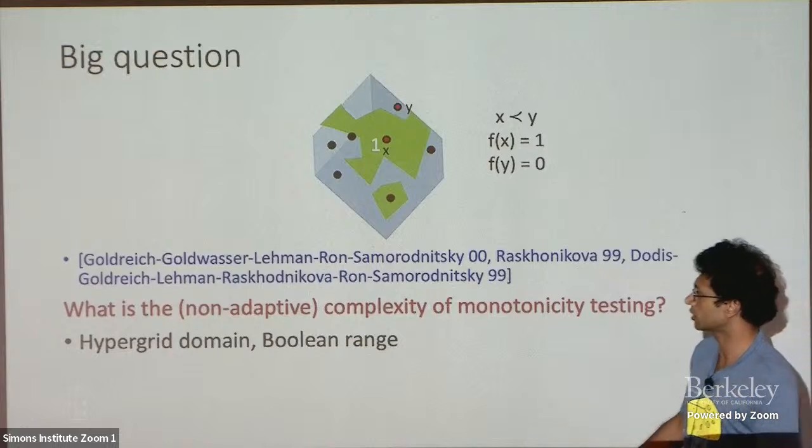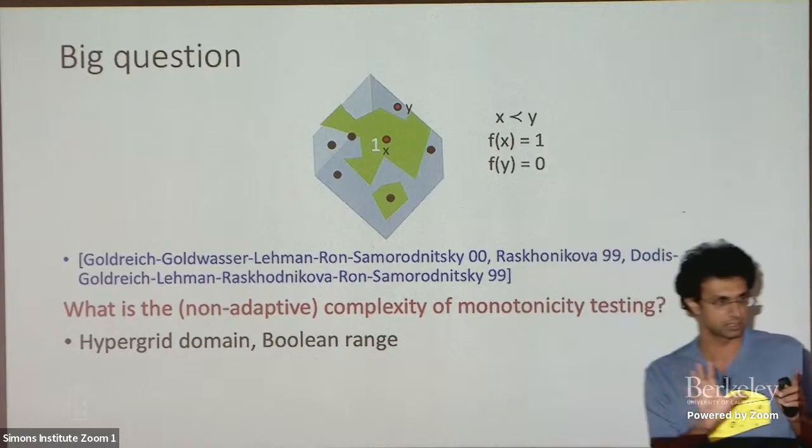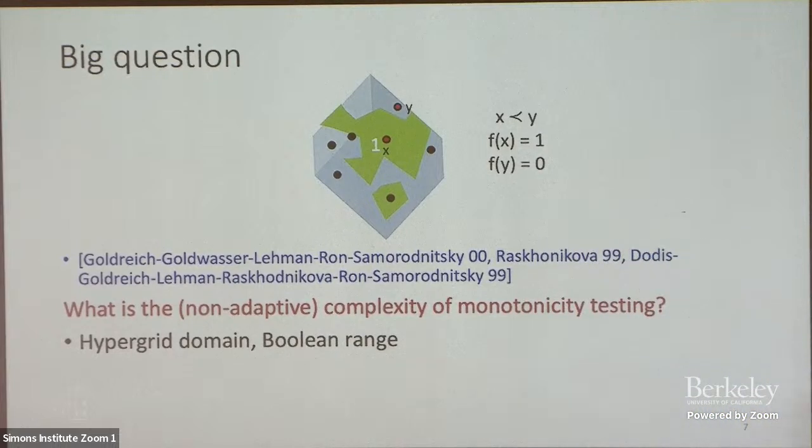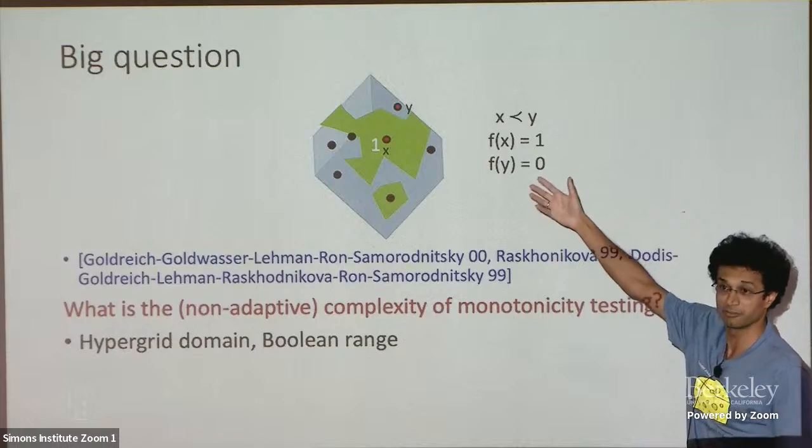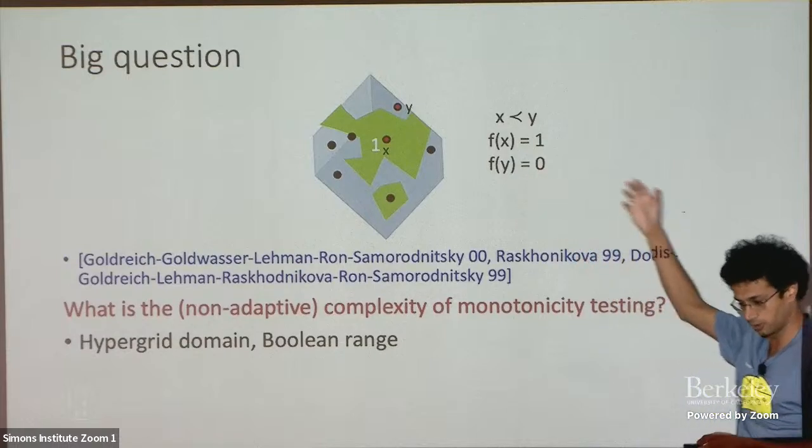So you're given this function, hypergrid domain, Boolean range. Let's just fix that. And how many queries are needed to non-adaptively test monotonicity? Basically, find a violation if it's far from monotone.